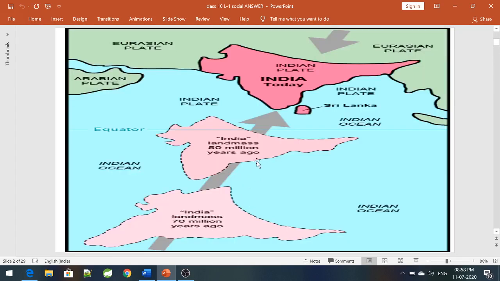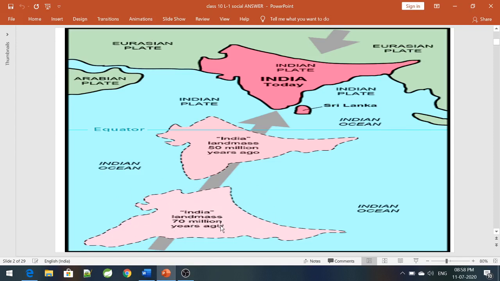See, this is the formation of India. Around 70 million years ago, first there was only the Eurasian plate here, and after millions of years, with the tectonic effect and the movements of large bodies of land, they moved from the ocean, and here you see the other part of this is called Gondwana land.